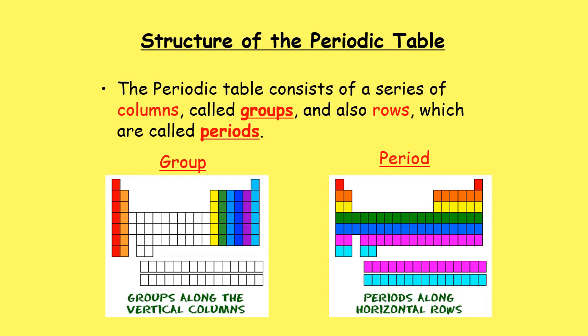So if you start at the top of a column and go down, that is a group. Each row in the periodic table is called a period. And that's where it gets its name. The periodic table is because it's a table of rows called periods. So if you're going down, it's a group. If you're going across, it's a period.